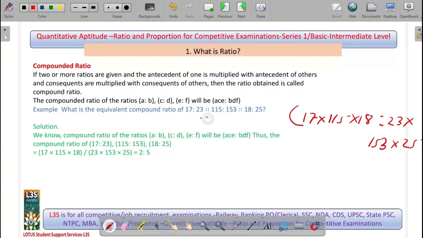This is 23, this is 153, this is 25. So first we take the antecedents 17, 115 and 18 is to 23 into 153 and 25. This is called compounded ratio.